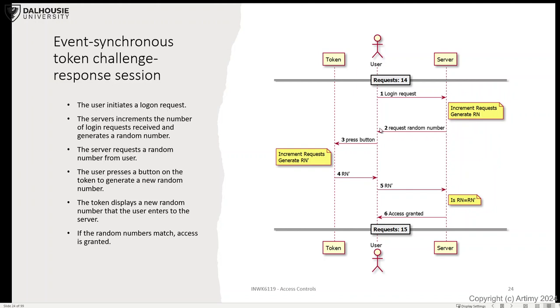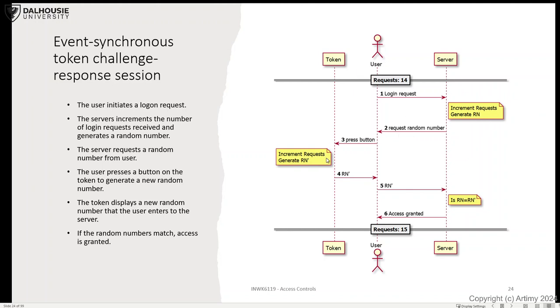Say, okay, now give me your random number. The user also clicks on the token, increments the number, say this is a new login for me. So now it counts the 65th login as well. So both the server and the client know that they are logging in for the 65th time.